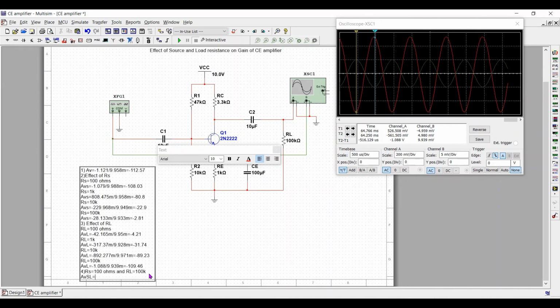But for an ideal amplifier, the ideal value to have maximum gain is Rs equal to 0 and RL equal to infinite. So we will be just putting these values over here. So I have RL as 100k. We will be inserting the source resistance also.